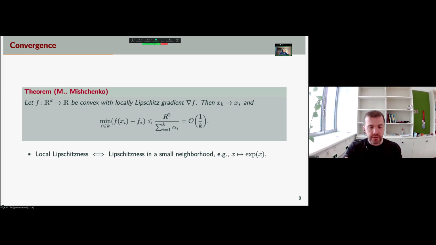So most likely our step sizes will be much larger than they were previously, let's say with a global estimate of L. And then because of that, the sum will increase much faster than just linearly with k. That's our intuition, at least, for why in practice it should perform well.